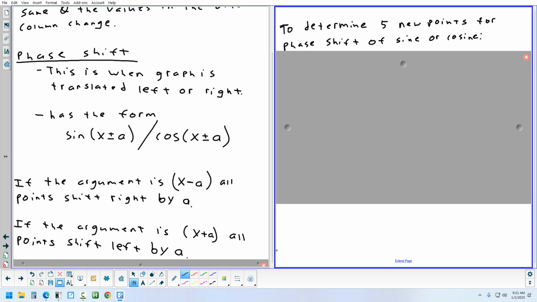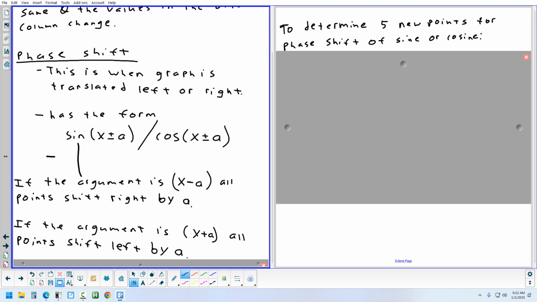All right. So the first thing we have to do when we're sketching a phase shift is take that table that we had and modify it to reflect doing a horizontal shift. Which values are not affected by a phase shift? The x values. So which way does a phase shift move the graph? Horizontally.